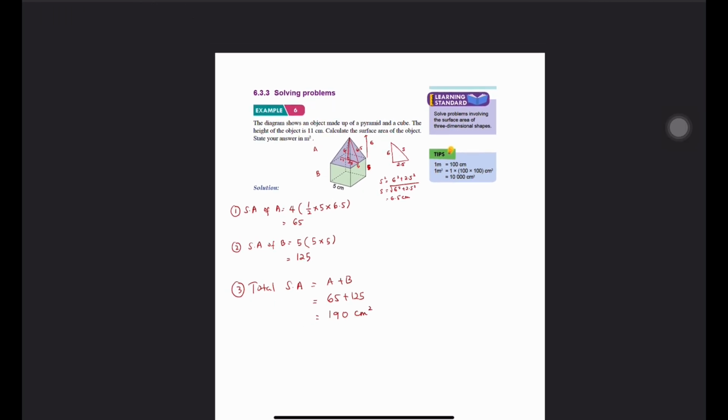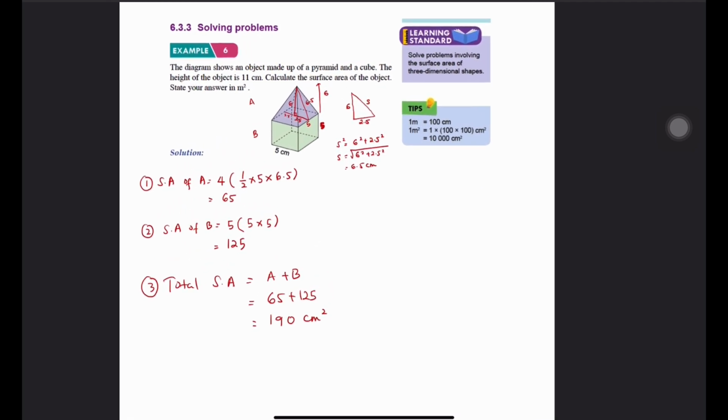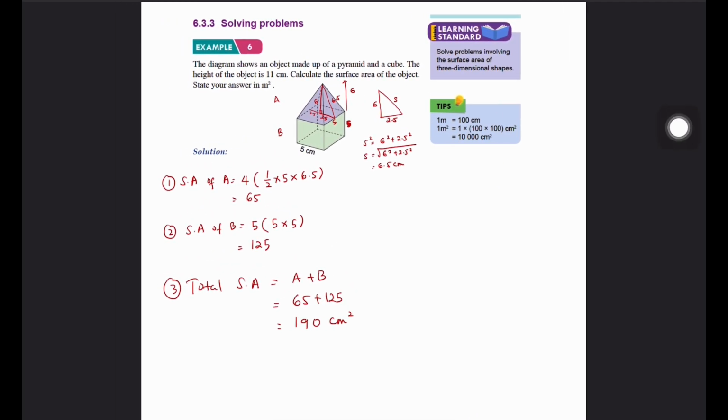But over here the question asks you to state your answer in meters square. This one is centimeters square. So let's convert. Over here it gives you the tips. I explain to you one by one. We know that 1 meter is equal to 100 centimeter.